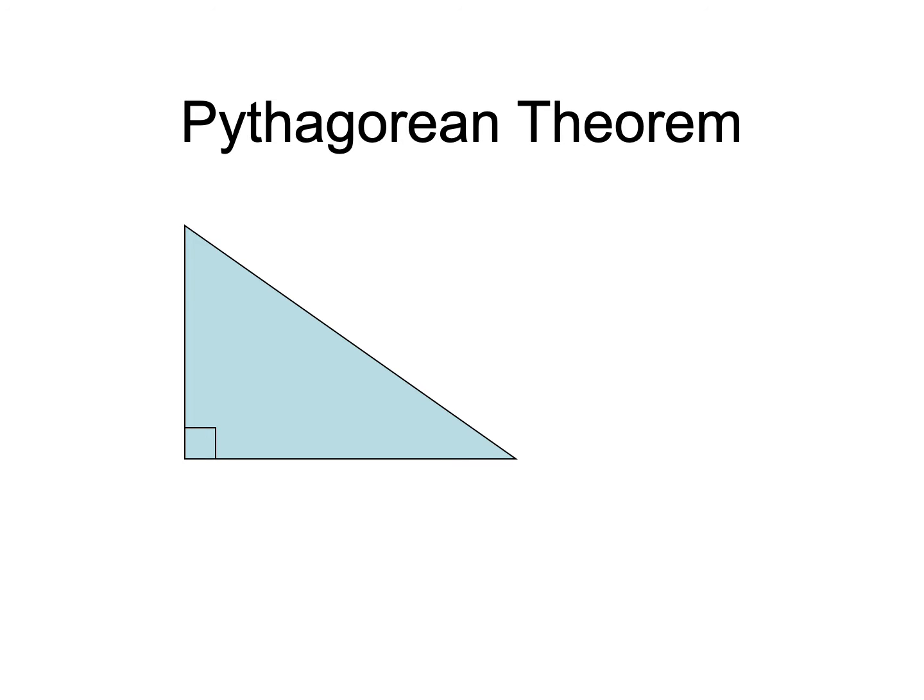Recall, the Pythagorean theorem deals with right triangles. Okay, and the side that is opposite the right angle we call C, and the two other sides, which are called legs, we call A and B. It doesn't matter which one you label as A or B, but the two sides that form the right angle have to be the legs, and the side opposite the right angle is the hypotenuse.